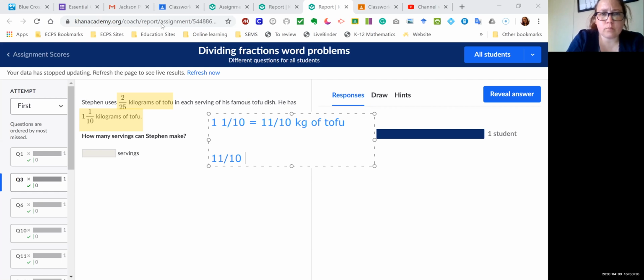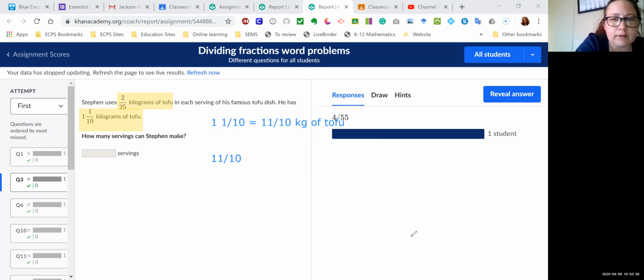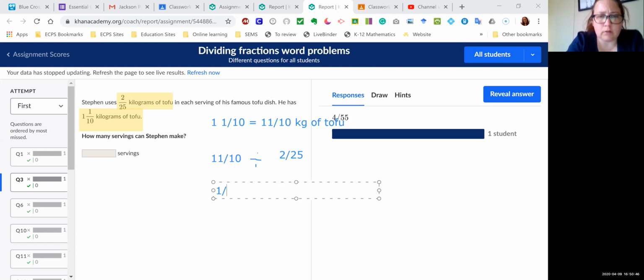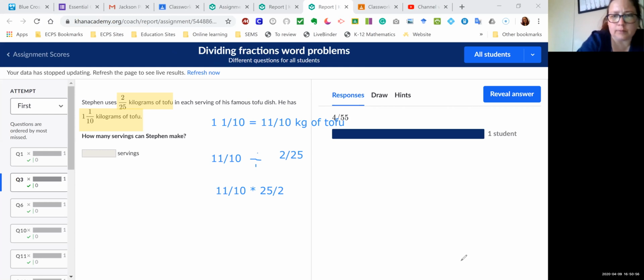So I have 11/10, and I'm dividing 11/10 by 2/25, which is the same thing as 11/10 times 25/2. Because normally I do that vertically, over here I'm going to say 11/10 times 25 halves.